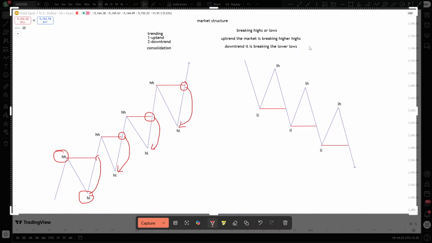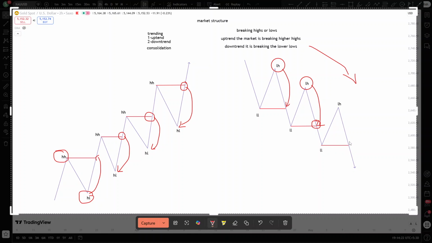It also goes when the market is in a downtrend. This lower high is only going to appear when the market gives us a breakout here, when it gives us a break of structure here, when it gives us a break of the lower low.